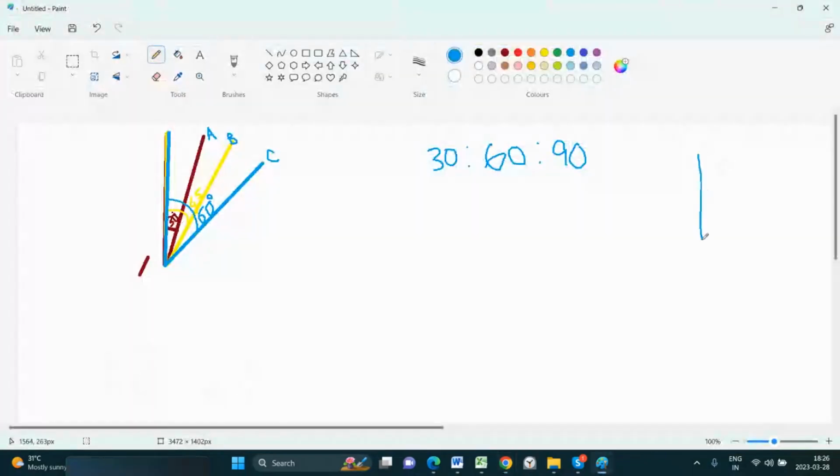In a right angle triangle, this is 90 degrees. If this is 30, the other one can be 60 only. ஏன்னா இது மூணுத்தையும் நீ ஆட் பண்ணா it should be equal to 180 degrees.